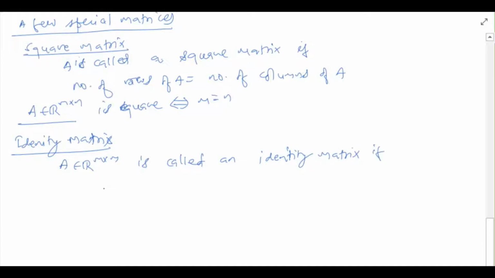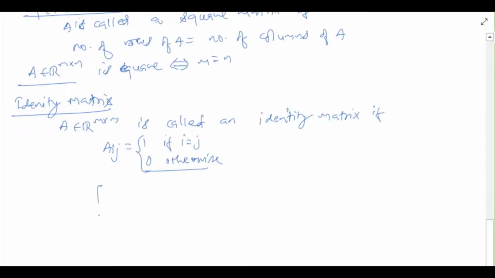So Aij is 1 if i is equal to j, and 0 otherwise. For illustration, this matrix is the 3 cross 3 identity matrix.